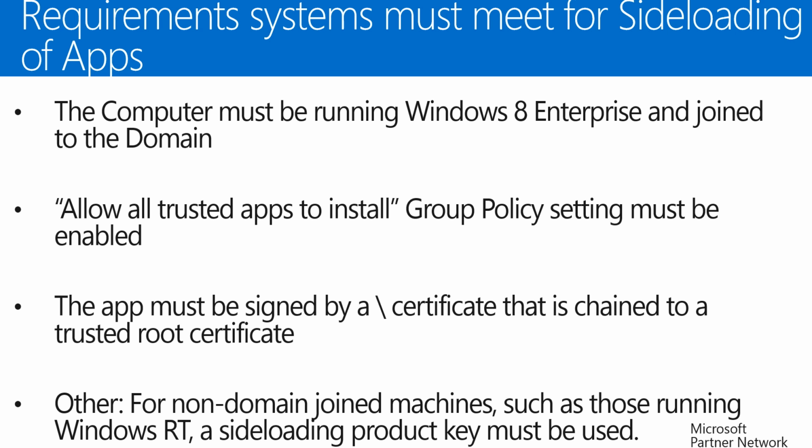Also, the application must be signed by a certificate that is chained to a trusted root certificate. And if you have a scenario wherein you do not have a domain, for all non-domain joined machines, such as those running Windows RT or Windows Pro, you need a sideloading product key.